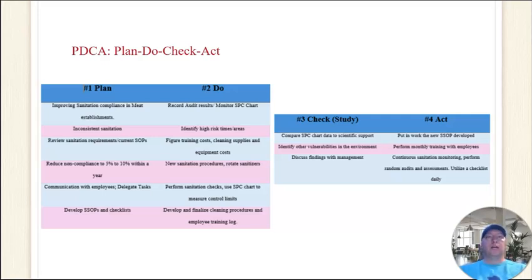Then you would compare that SPC chart data to the scientific support that you have on file, and you would put into work the new SSOP that you developed, or just update the one that you currently have. So yeah, this is a nice document to be able to use as another quality tool.